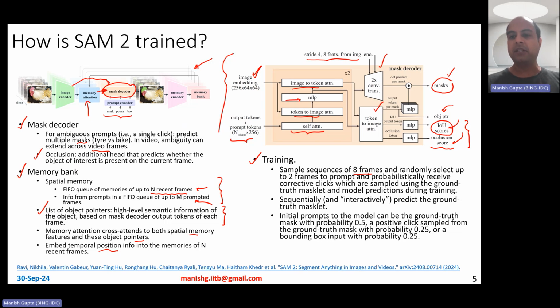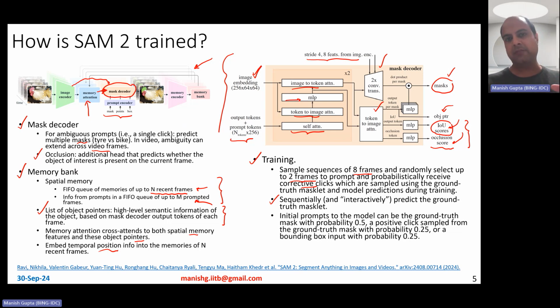This interaction provides corrective clicks or corrective masks and so on, as prompts for 2 frames out of a sequence of 8 frames. The objective to be maximized is to accurately predict the mask across each of the frames in the entire video, also called the masklet, and therefore you compare with the ground truth masklet to decide the loss.